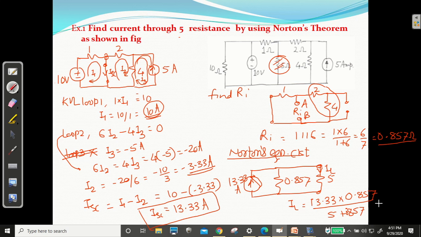I am getting 1.95 ampere. I am getting IL equal to what?